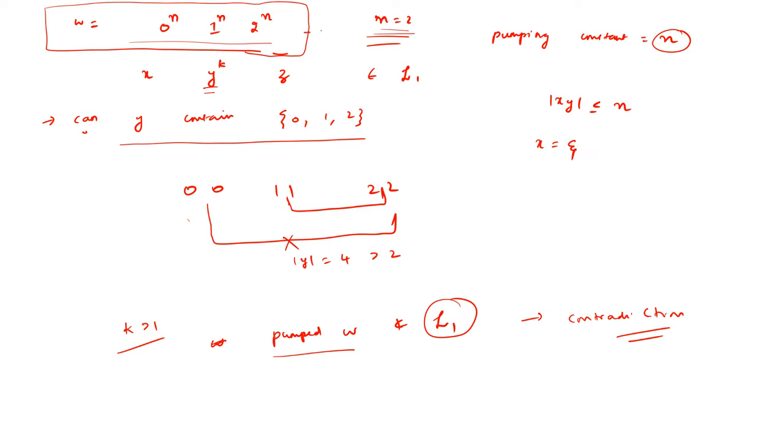What I'm doing here is taking one particular w and showing the contradiction of the pumping lemma. But for the pumping lemma to be qualified for acceptance also, you should verify this property for all strings in the language. Do you get why a pumping lemma cannot certify if a language is regular?